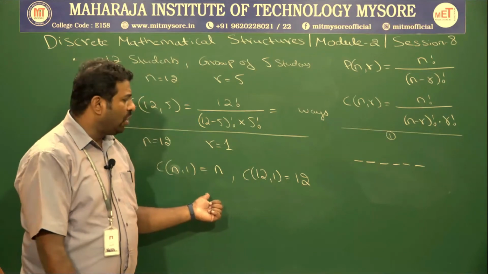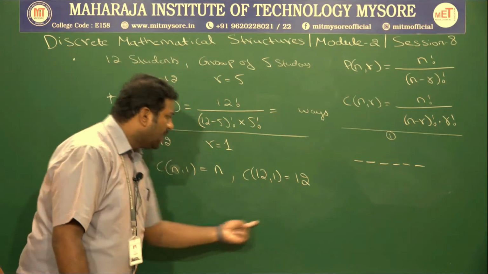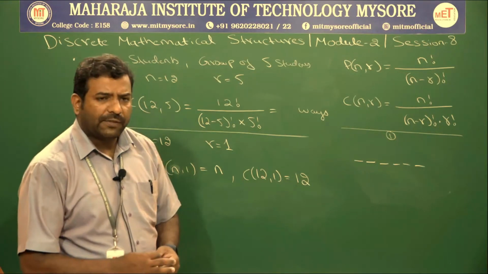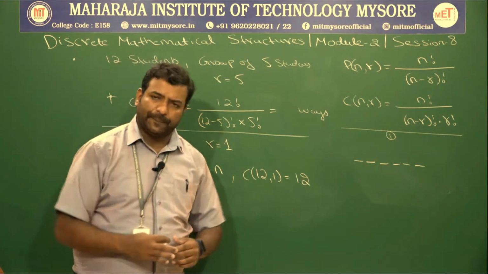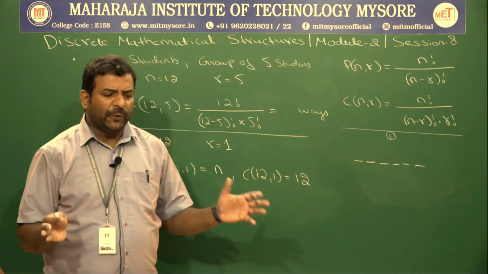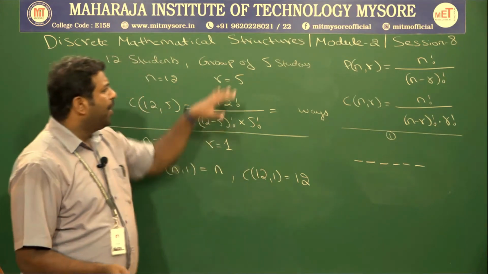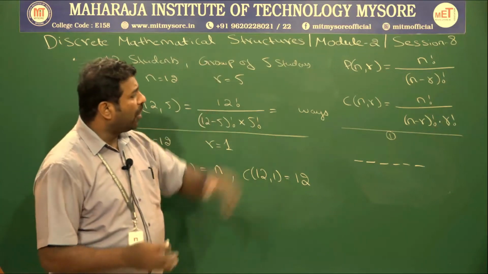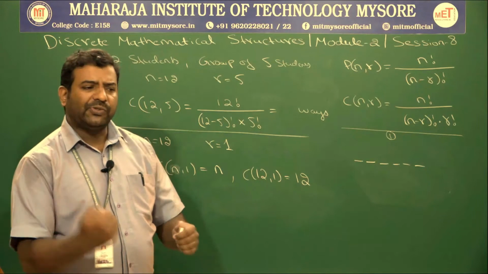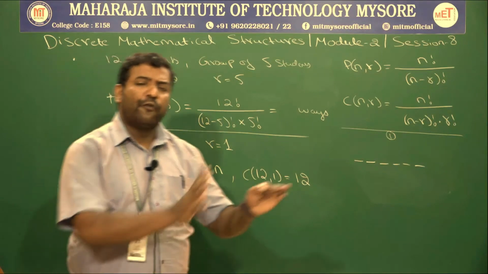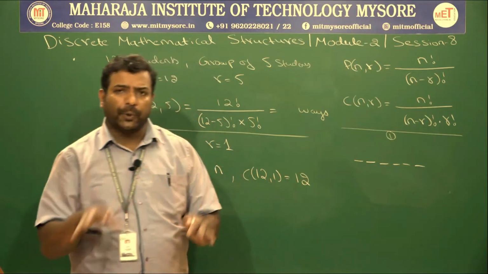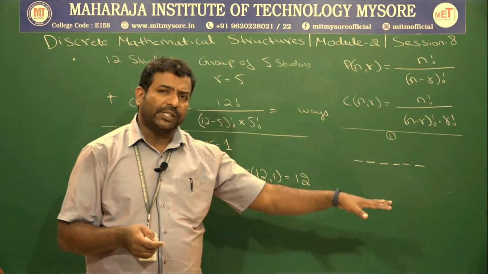Now when I have 12 ways, this is only half of my solution, because I have just picked the group leader. Now I am yet to complete the group. The group was supposed to consist of 5 students. Out of 5 students, one I made the group leader. My part of the job is done. So remaining, I need to pick 4 students to fill the group. And out of how many students?